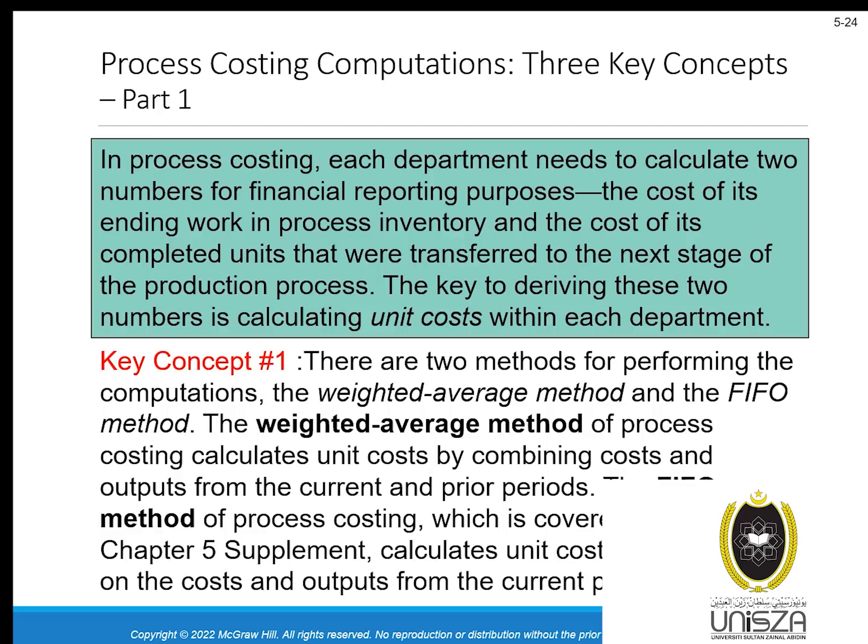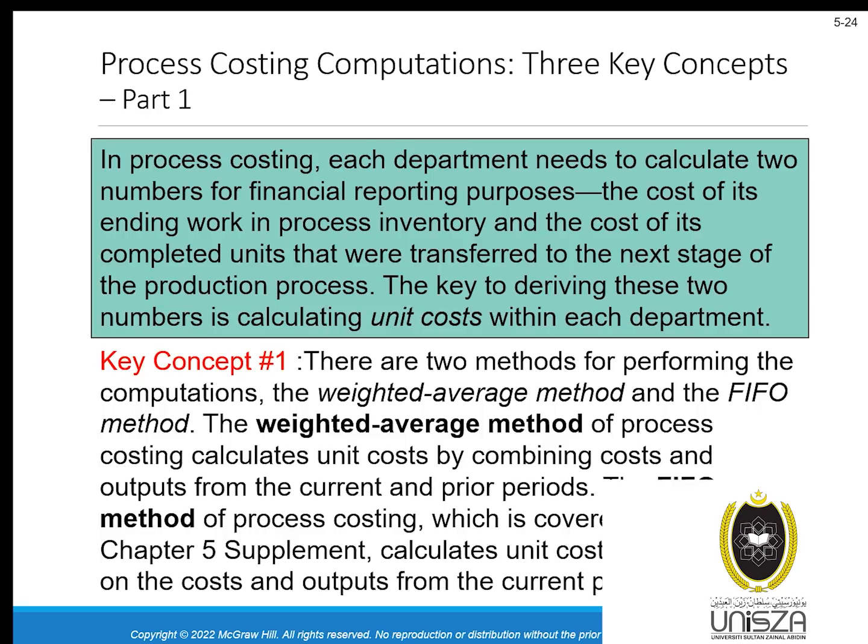Okay, so process costing computation. We have a few steps that we need to understand in calculating the product cost under the process costing system. In process costing, each department needs to calculate two numbers for financial reporting purposes: the cost of its ending WIP inventory and the cost of its completed units.